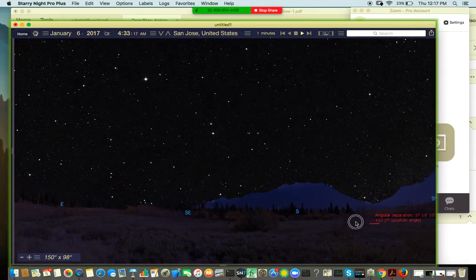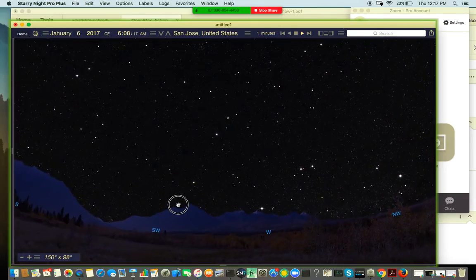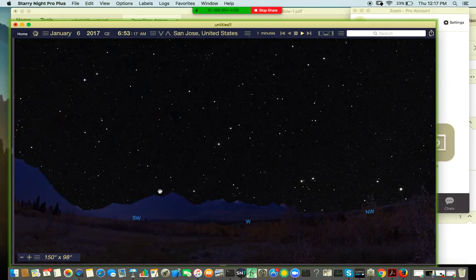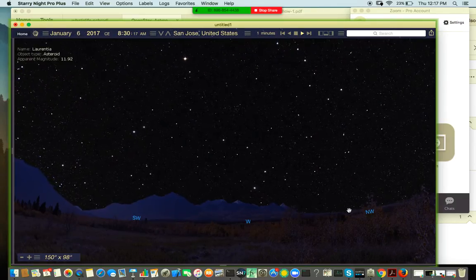They seem to be going down below the horizon. Here's our horizon. Remember the concept of horizon that I mentioned before.